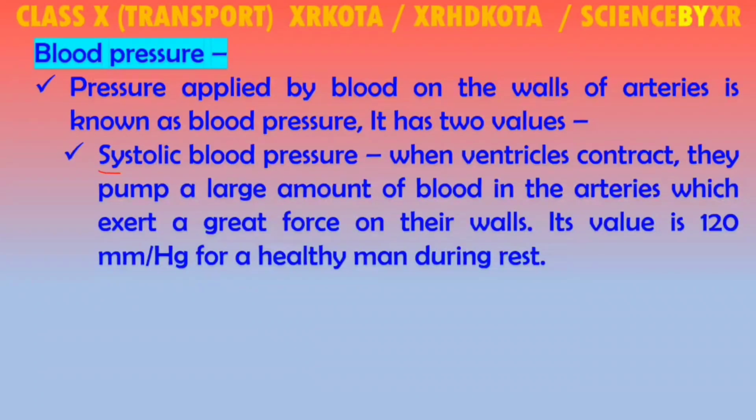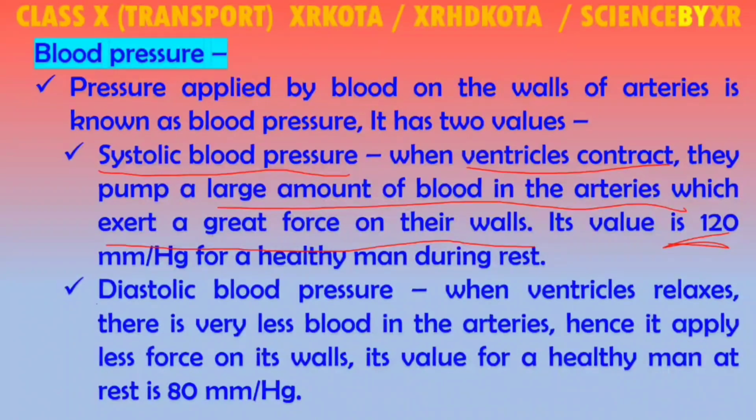Systolic blood pressure is the one when the ventricles are contracted and they pump a large amount of blood into the arteries, which exerts a great force on the walls. Since there is a large amount of blood altogether in a certain part of the artery, it applies a greater force, and the value is 120 millimeter of mercury.